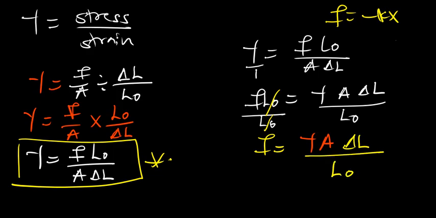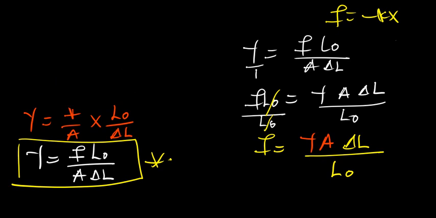Now I want you to understand one thing. Making force the subject of the formula, there are some things which can change and some things which cannot change. For example, we do not expect the original length to change. If the original length is 2, it's going to be 2. But the change in L can change depending on the force you have applied. The Young's modulus is going to be constant.